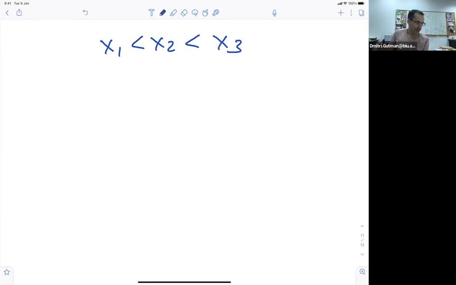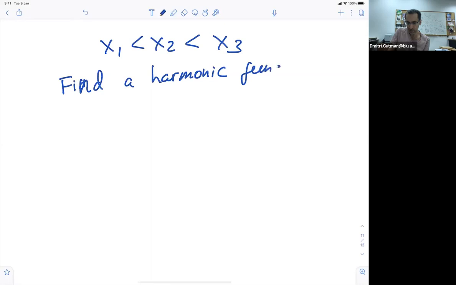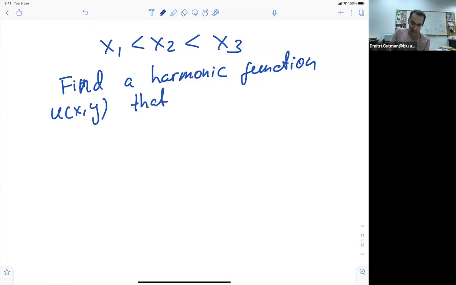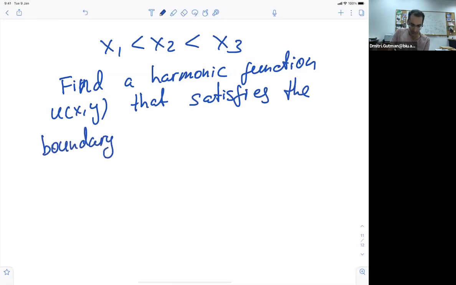And then we want to find a harmonic function U of x and y that satisfies the boundary conditions. And let me specify the boundary conditions.